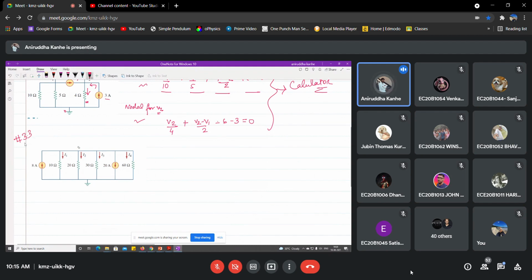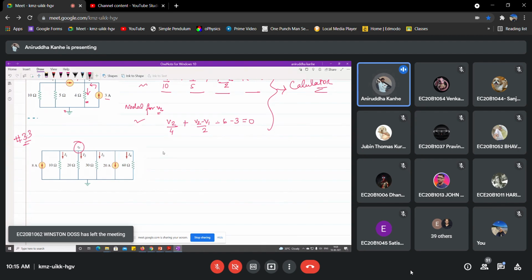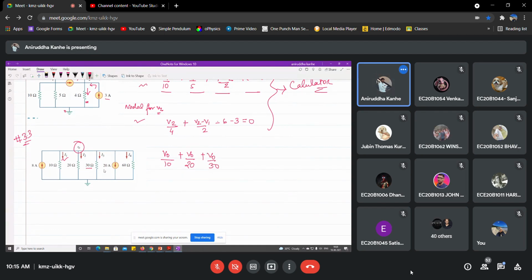So that's 3.3. Now the currents are already given to you, and the node voltage is only V0. So V0 by 10, plus V0 by 20, plus V0 by 30, plus V0 by 60.